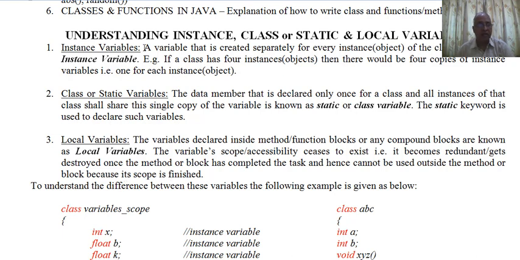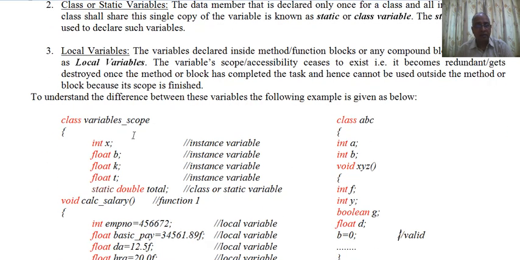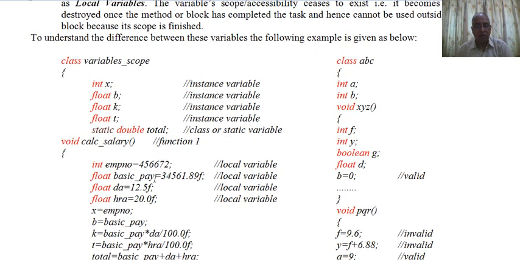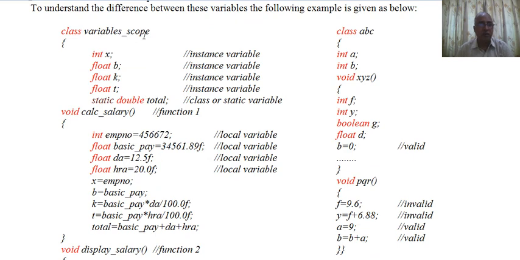So to understand these three types of variables, I have written an example on the left side, and on the right side is a general example which we will compare and understand each concept of these variables. Now this is a class variables scope. In this class I have declared some variables: int x, float b, float k, float t, and static double total.